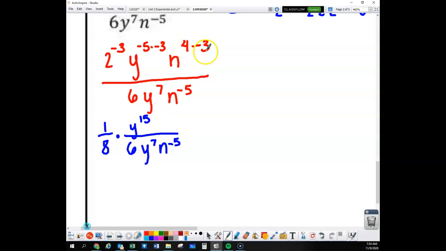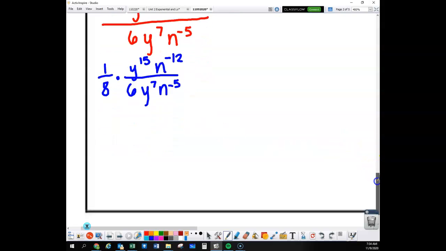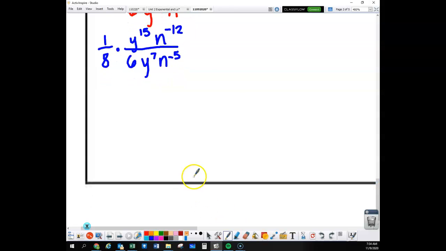And then 4 times -3, -12. So I have 1 over 8 times y to the 15th n to the -12 divided by 6 times y to the 7th times n to the -5.